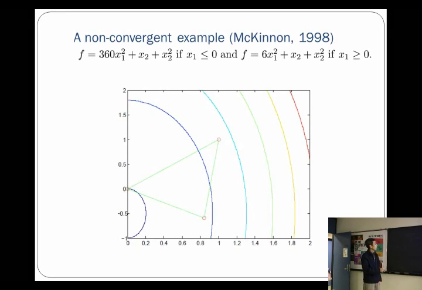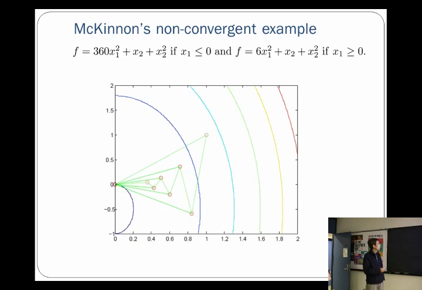If we start using this simplex, the Nelder Mead method will repeatedly use inside contraction. Eventually, the simplexes will converge to this point, 0, 0. But for this function, 0, 0 is not even a stationary point. This is the minimizer. This is nothing. So this is a failure case, a famous example constructed by McKinnon.